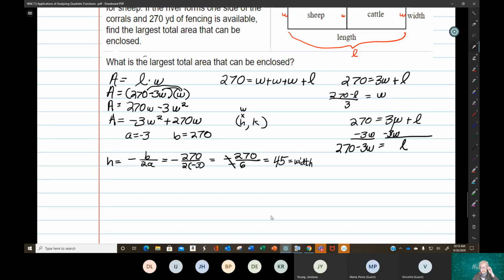I don't know, I'm not going to guess. But 45 is what the width needs to be in order to maximize the area. So there are actually a couple of ways to do this now. But let's do it the way we're supposed to do it. And that is that the area will be a maximum if the width is 45.